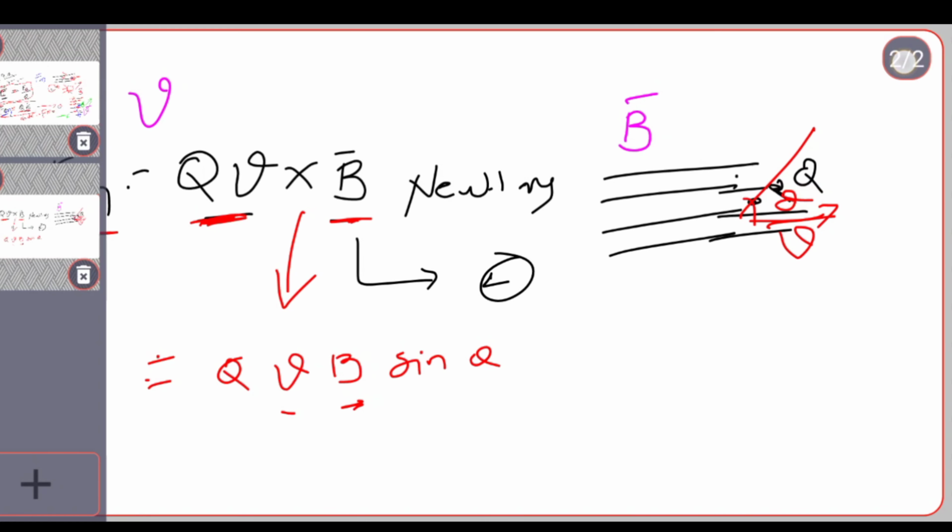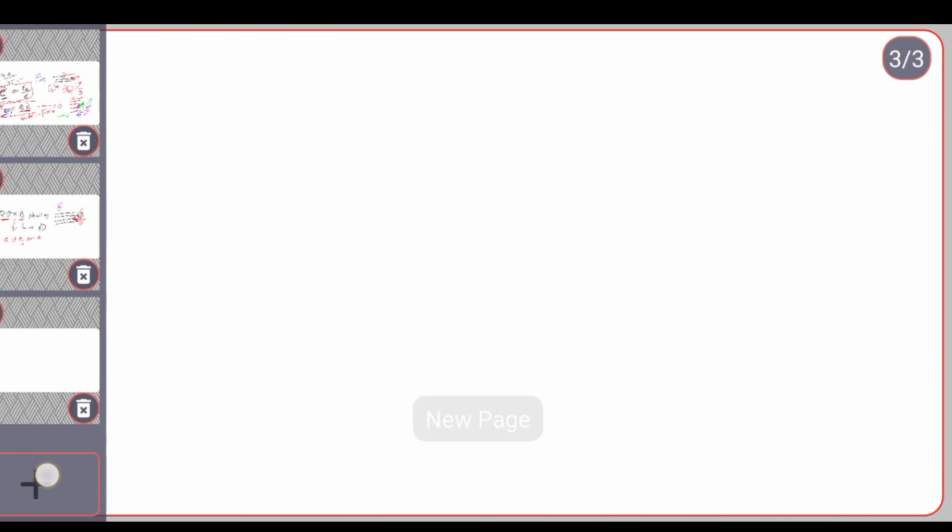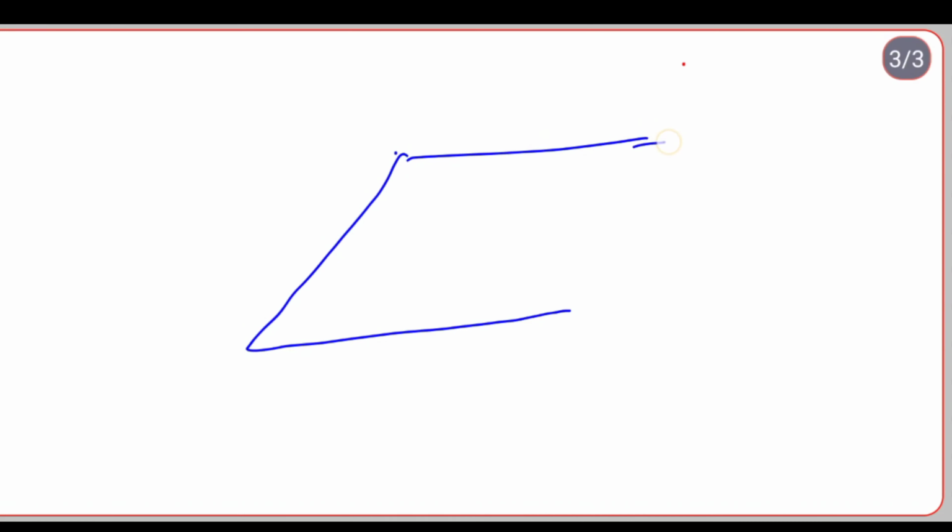The direction of magnetic force is perpendicular to the plane containing v bar and B bar both. You can see the diagram here. Assume that this is the one plane containing velocity of charge and flux density, all will be there.